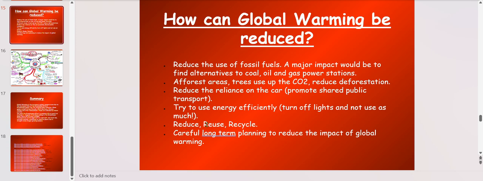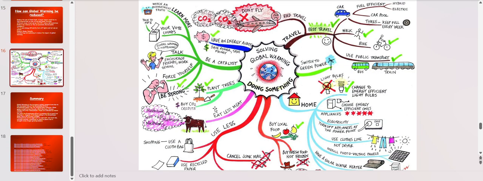Reduce, reuse, and recycle: this should be the motto. Careful long term planning to reduce the impact of global warming. Here is a chart of how to solve global warming.